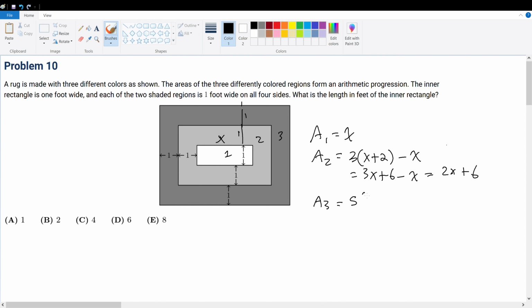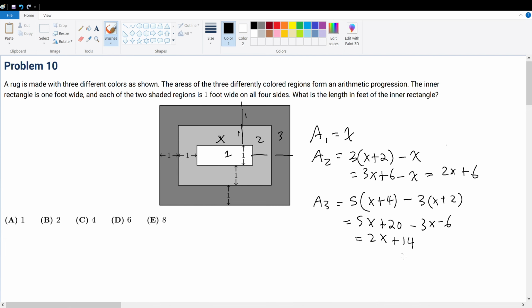And what is the width? Well, the width is going to be x plus 4, right? Because it's 2 on the left and 2 on the right. So that would be the area of the entire rectangle, but we have to subtract 3 times x plus 2, because that is the area of the interior rectangle. And so simplify: 5x plus 20 minus 3x minus 6 is the same thing as 2x plus 14.